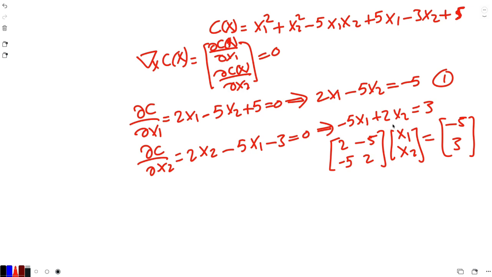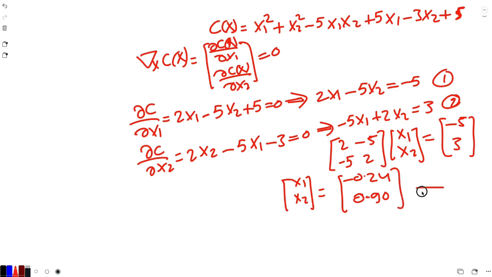For example, you can say that x2 equal to 3 plus 5x1 divided by 2, and substitute equation 2 into equation 1 to find the value of x2, and then substitute back to find x1. It takes about 1 minute of calculation, but using my calculator, if my entry is correct, x1 and x2 equal to minus 0.24 and 0.90 as an approximation.